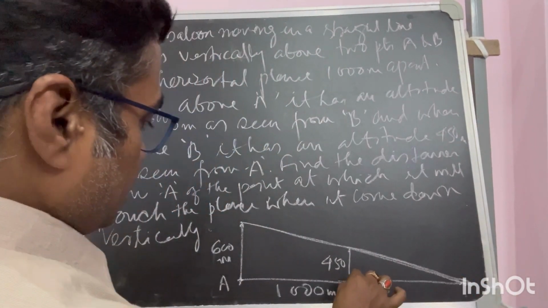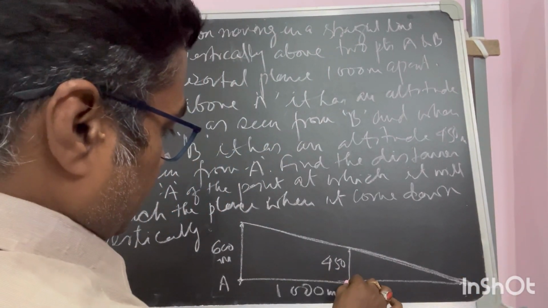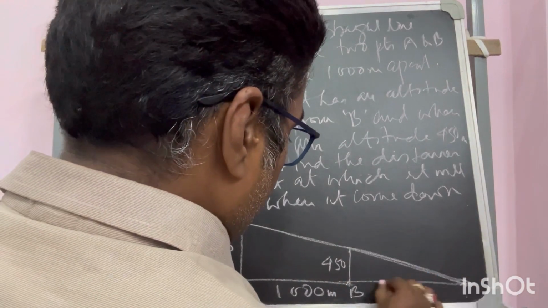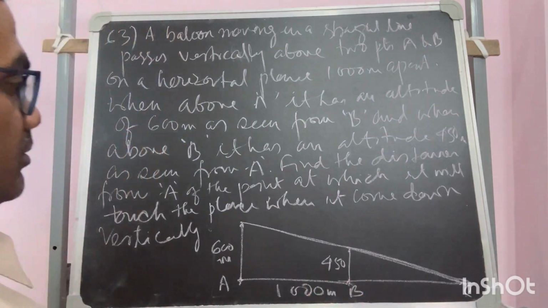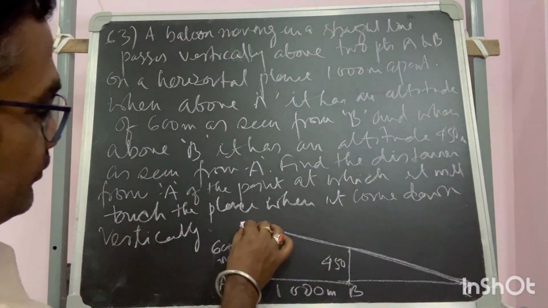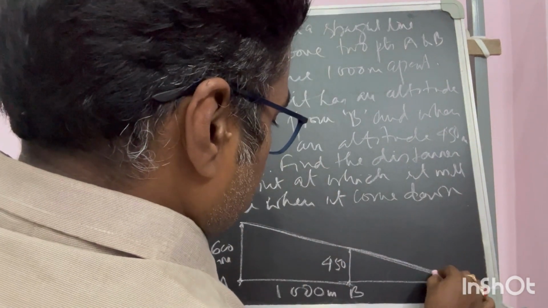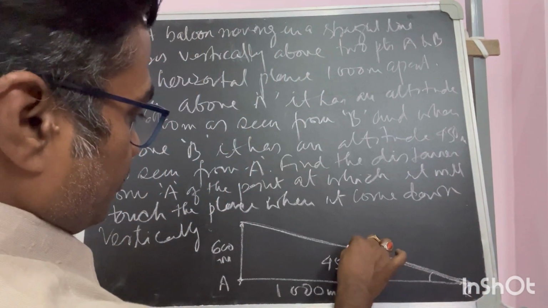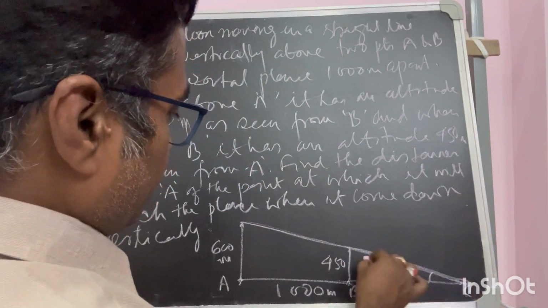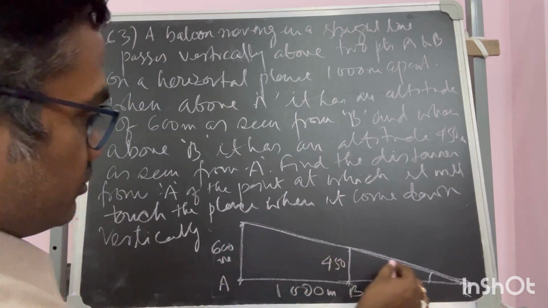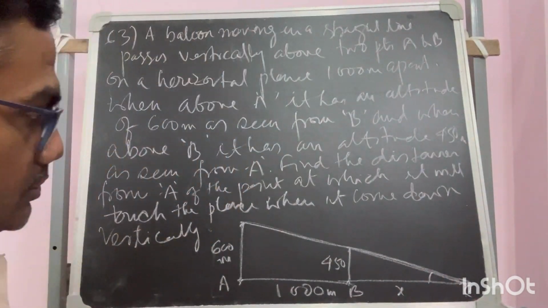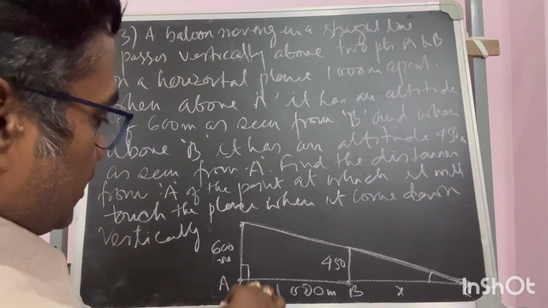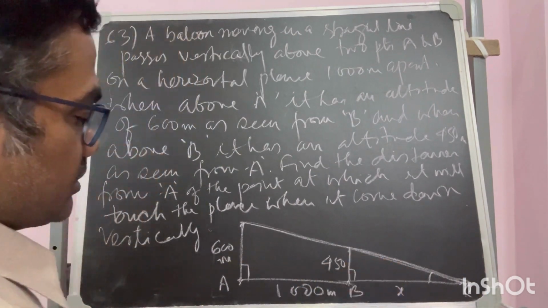You know that distance from A to B is 1000. Now if you can calculate from B to that point, let's say C, you can add up and get that. If it is moving in a straight line, this angle up to here will make the same angle as up to this point also. This could be X. This is a right angle, because vertically we are measuring the height.